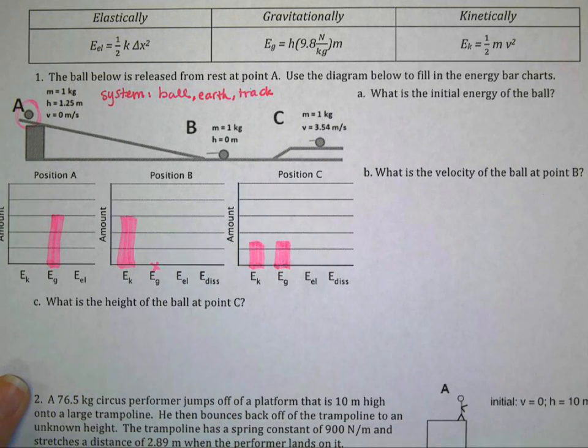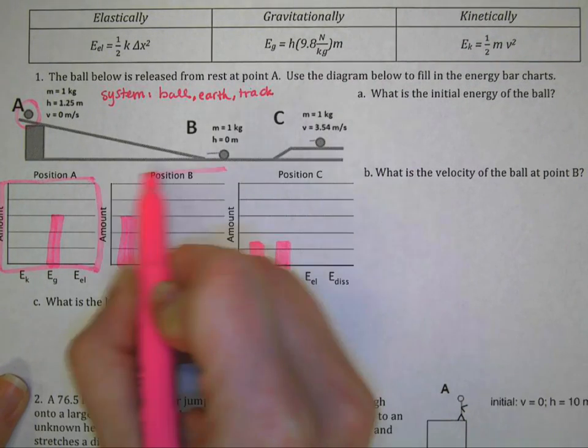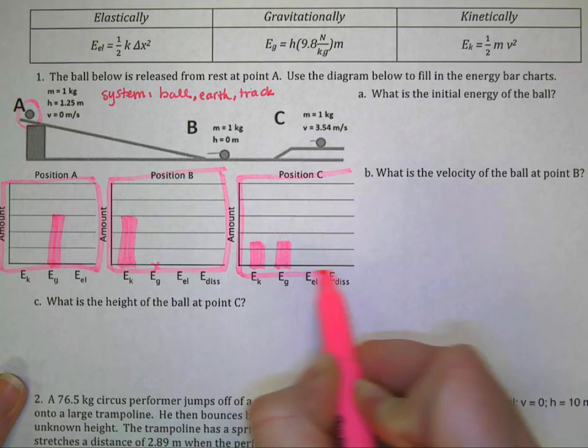I'm going to give it about half in both the energy stored kinetically and energy stored gravitationally. But notice the energy at position A is equal to the energy at position B, which is equal to the total energy at position C.